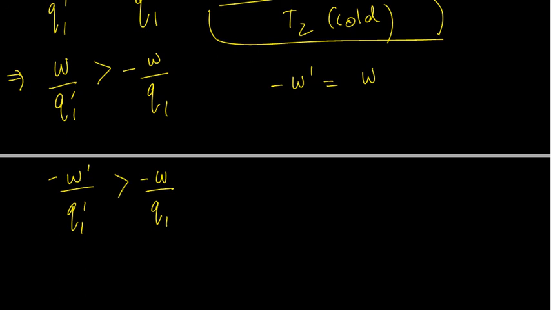If work is being pumped into the reversible engine, then it acts like a fridge. Because it's taking in work, it will extract some heat from the colder reservoir and throw it into the hotter reservoir.